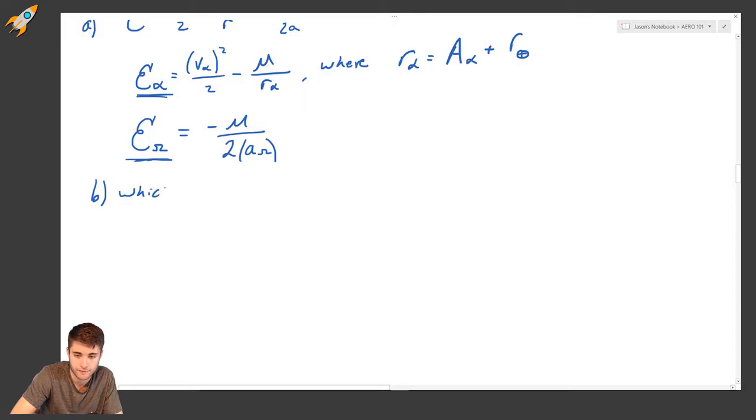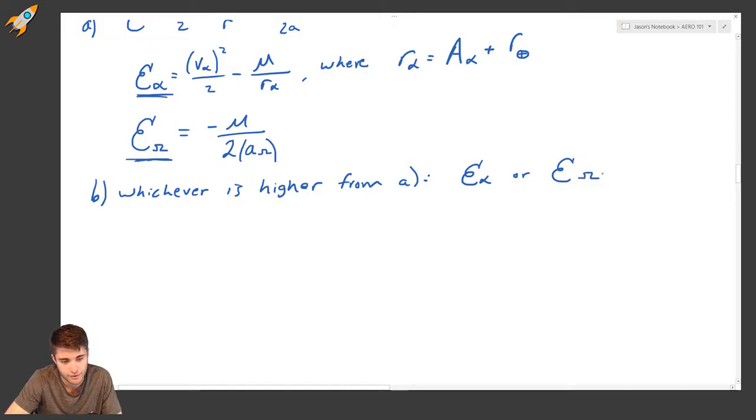Whichever is higher from problem A, right? It's either going to be E alpha or E omega. Those are the two options that you have, whichever one is higher.